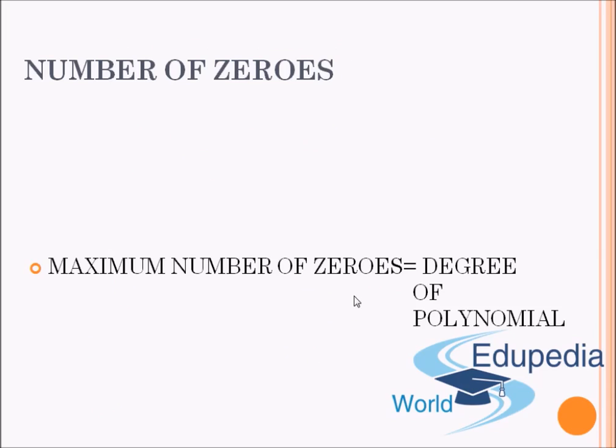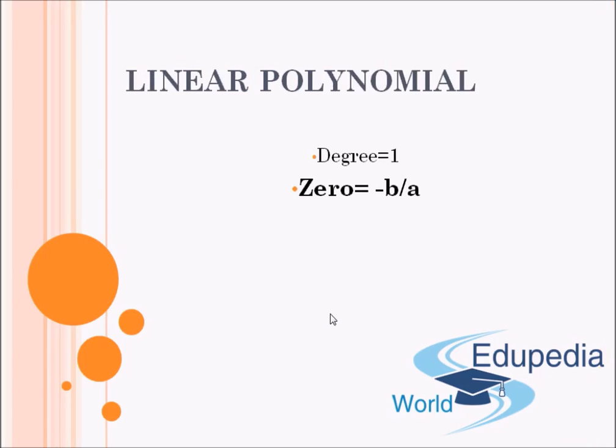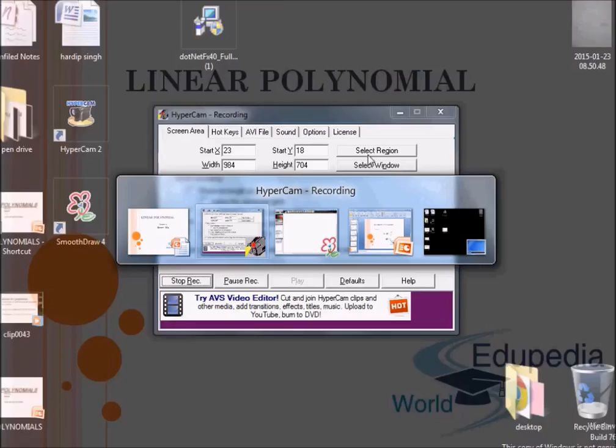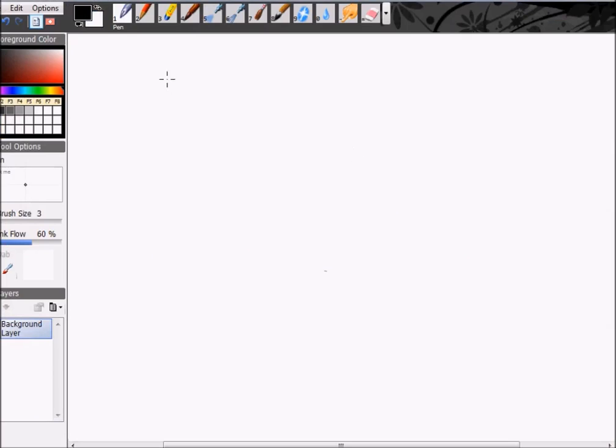Now, in the previous video, we derived that the maximum number of zeros is equal to the degree of the polynomial. We know that for a linear polynomial, the degree is 1. Let us derive the relationship for such a polynomial.